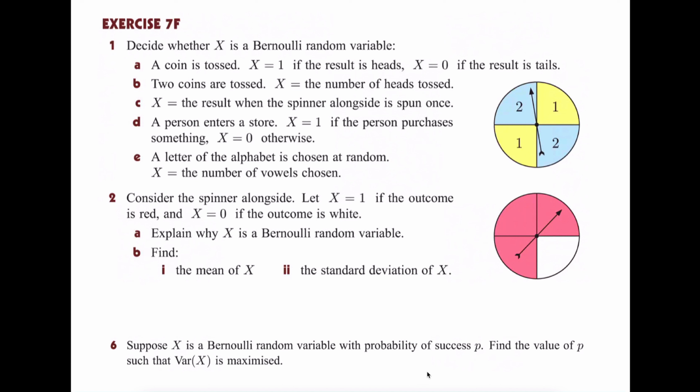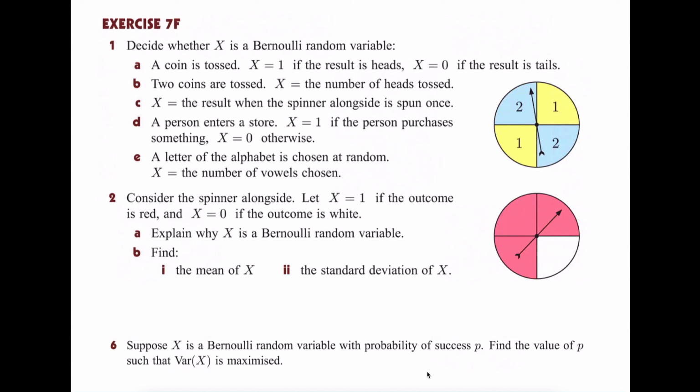In this one you would say it's not a Bernoulli random variable if you interpret it that way. But you could say that getting a 1 is a success and getting a 2 is a failure, assigning 1 to getting a 1 and 0 to getting a 2, then it could be Bernoulli. But in this case, x is the result, so it's not a Bernoulli.